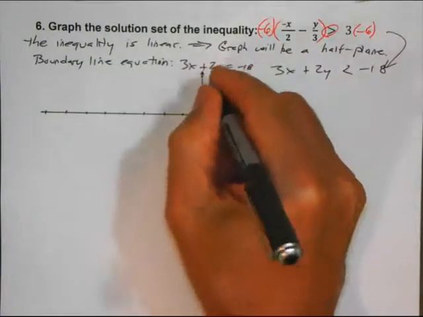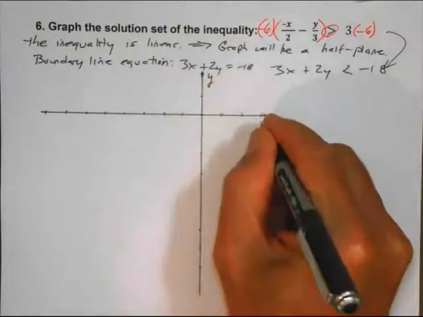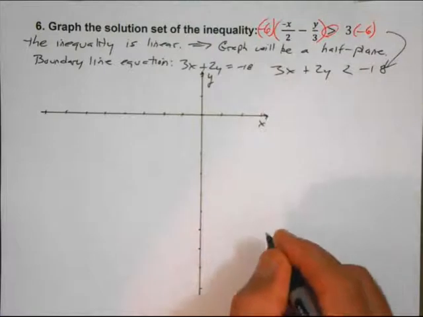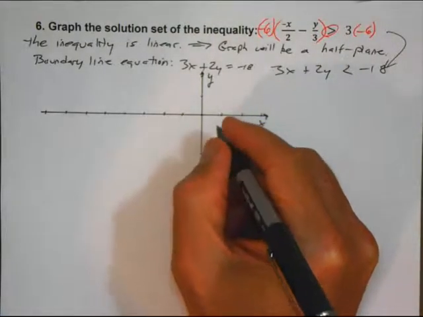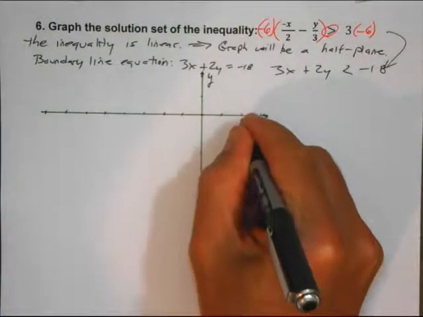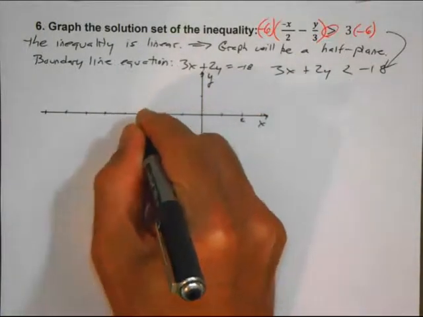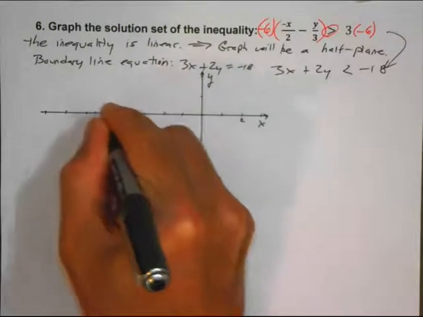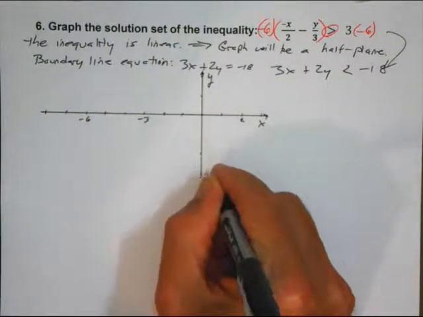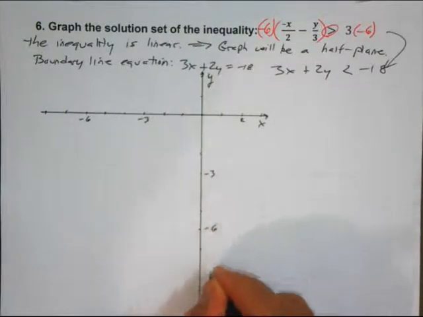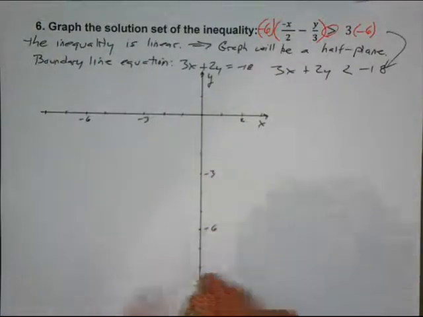Okay, labeling the axes, y-axis, x on this axis, scaling the axes. 1 centimeter equals 1 unit, so 3, -3, -6, -9.